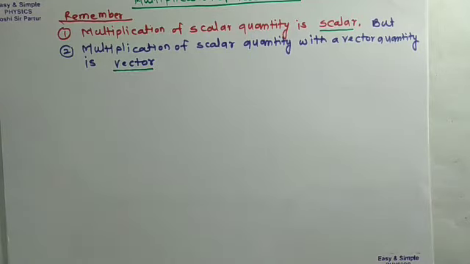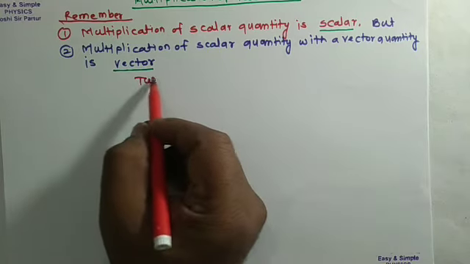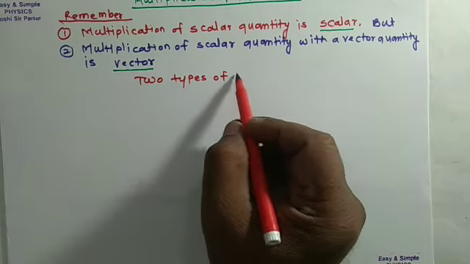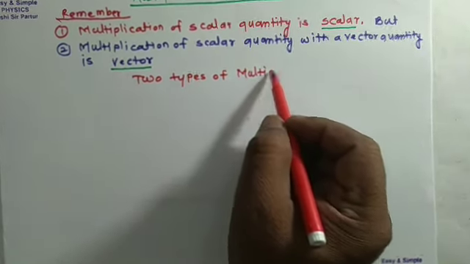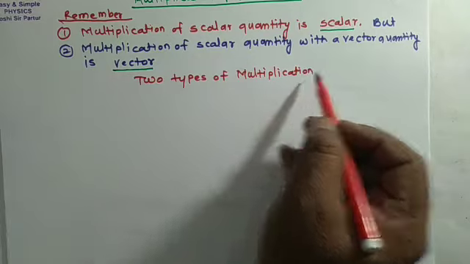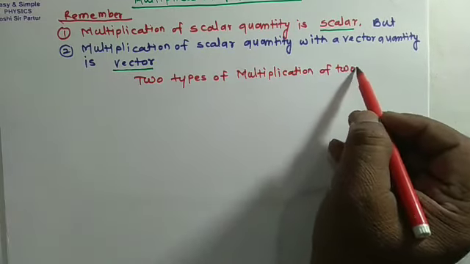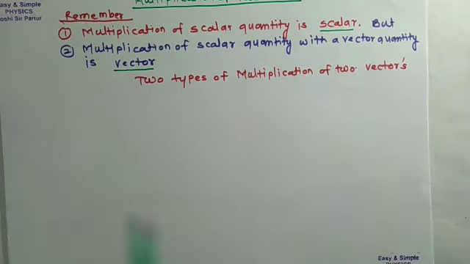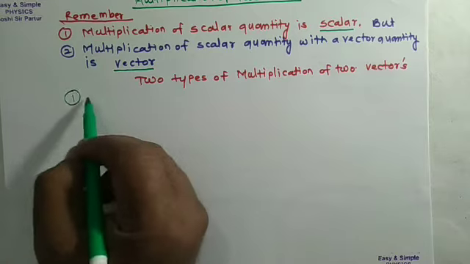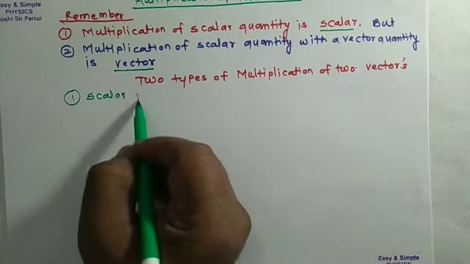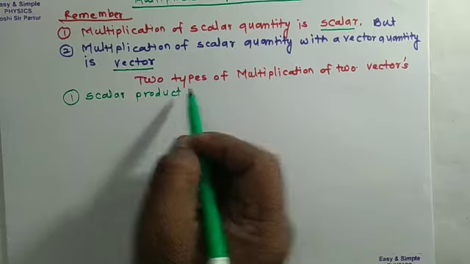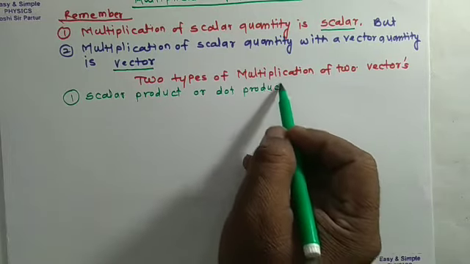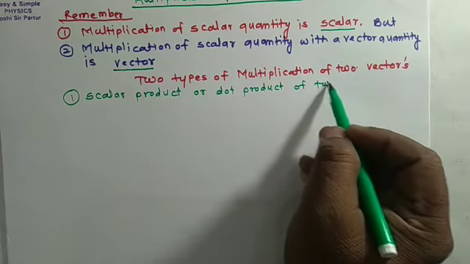So here are the two types of multiplication of two vectors. Two types or two methods. Number one, scalar product or dot product of two vectors.